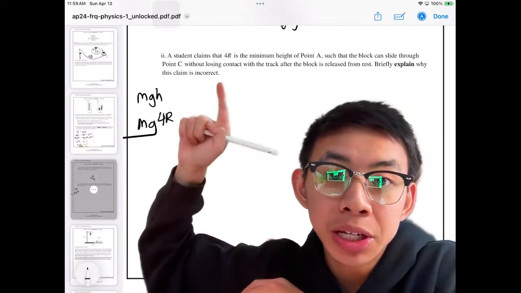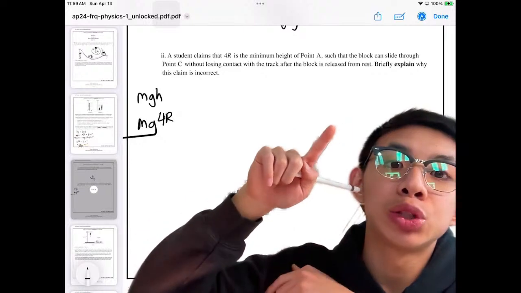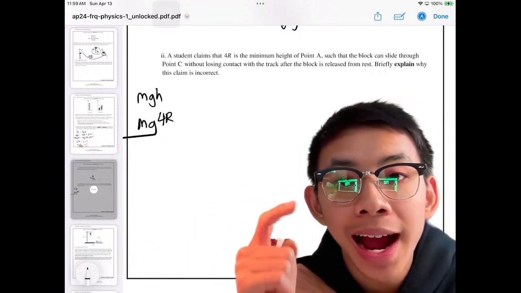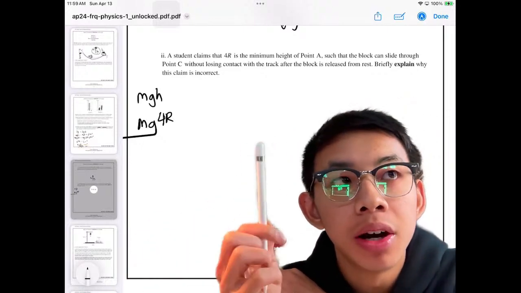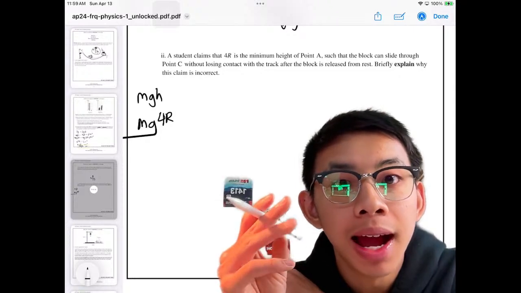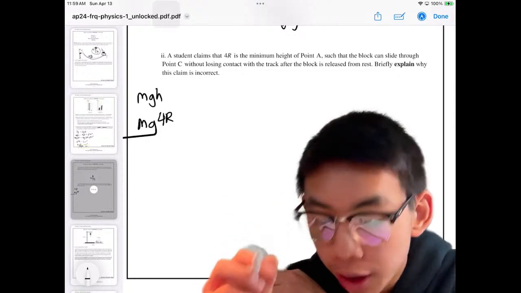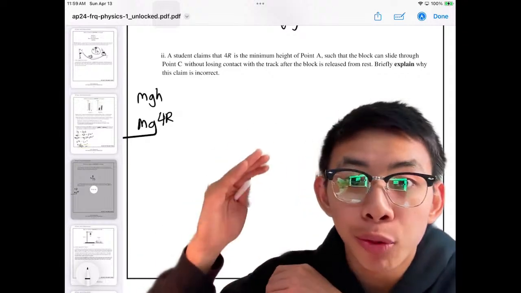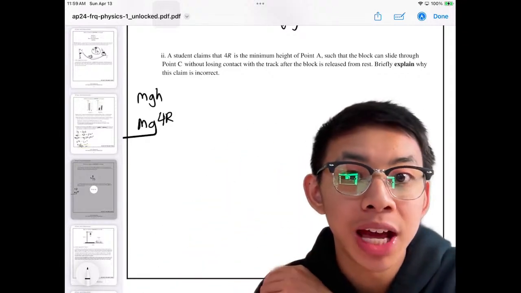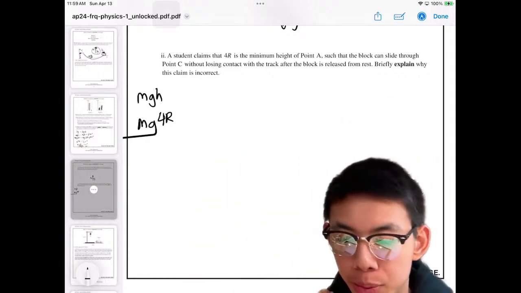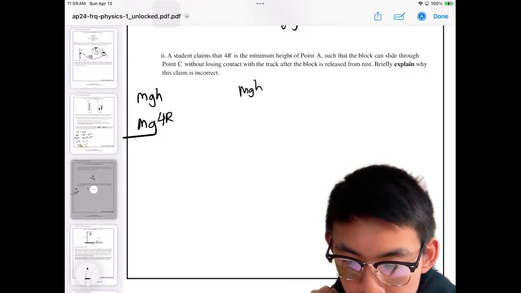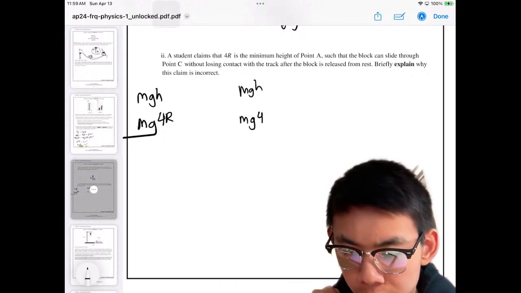It's going to be released, go down the loop, and it's going to go to a height of 4r at point C. So at point C it's also going to have a gravitational potential energy of mg4r.